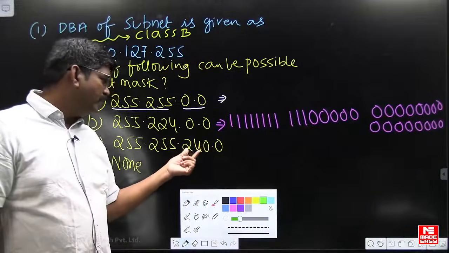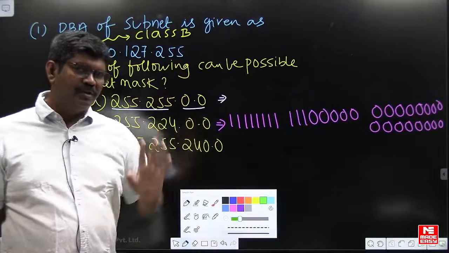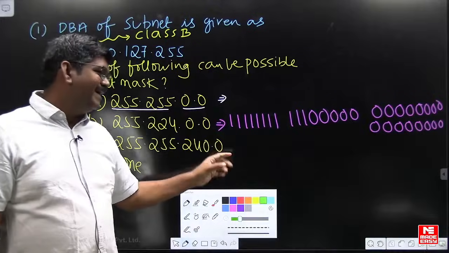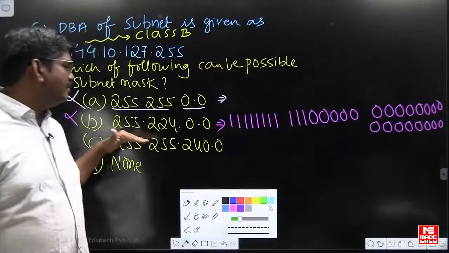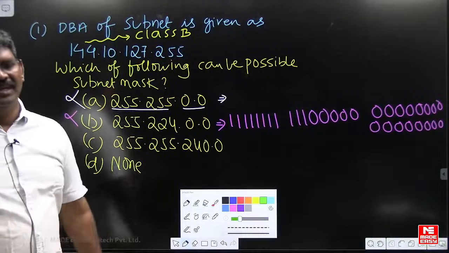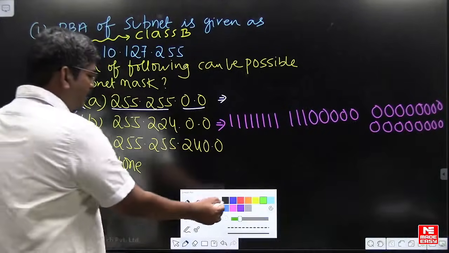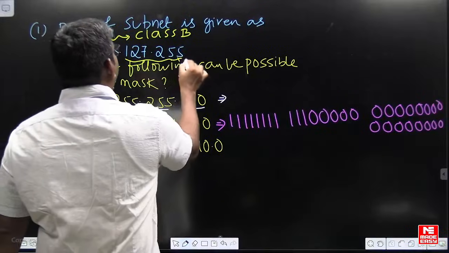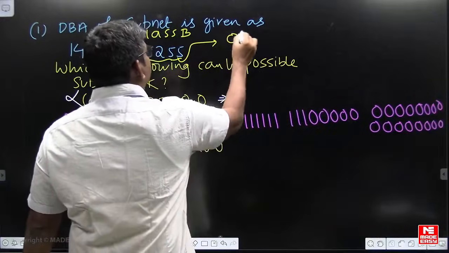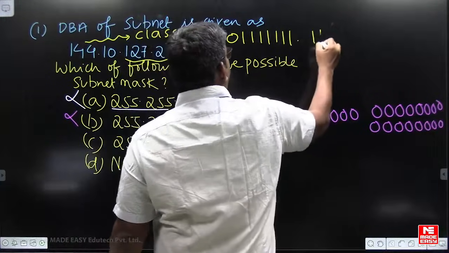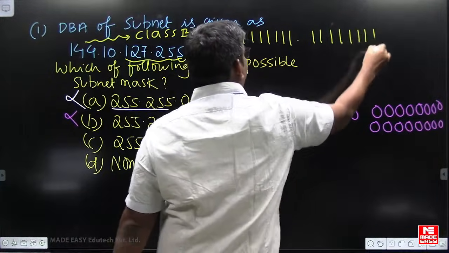240.0: 240 we can write as 4 ones and 4 zeros, and here 8 zeros. So 4 + 8 = 12 zeros. So for this mask, to be a DBA, 12 ones are compulsory. See, if you observe 127.255, this you can write as 0 followed by 7 ones. This 255 I can write as 8 ones.